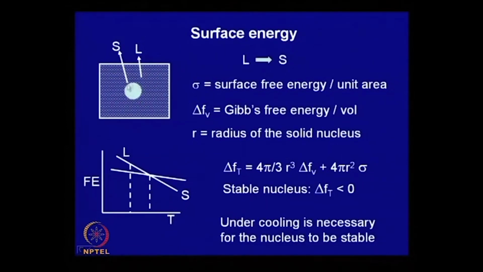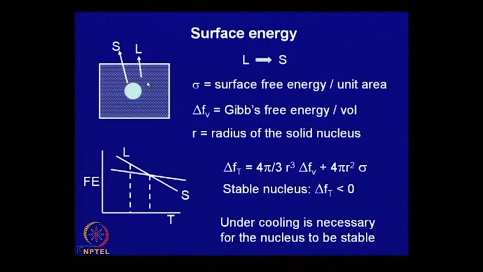Later on we will see this is the most stable shape, because a sphere has the minimum energy. This type of nucleation is called homogeneous nucleation. There is no substrate, it is forming inside the liquid, and suppose it has a radius r.